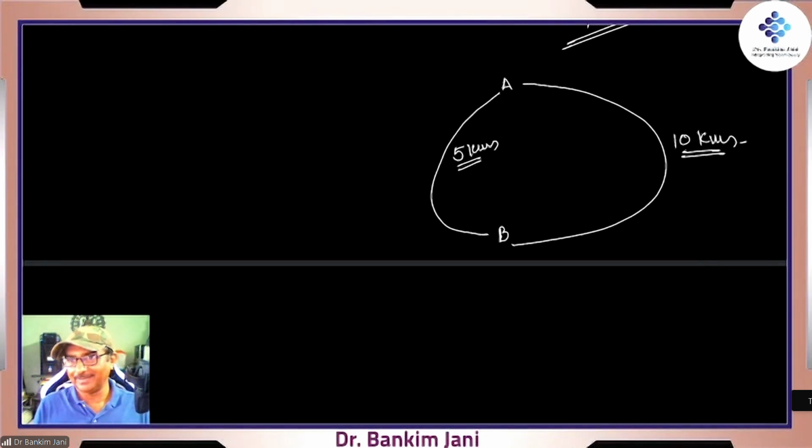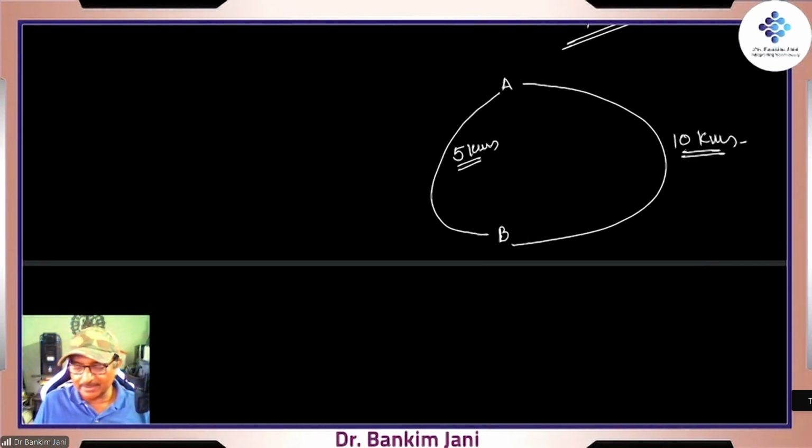Think again. Say both of them are completing it, let's take it this way. Now you are right. Take it that the 5 kilometer path is the pulmonary system.